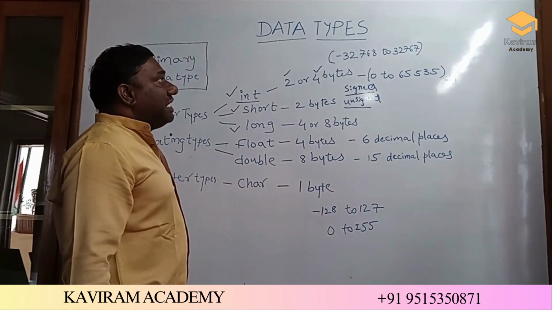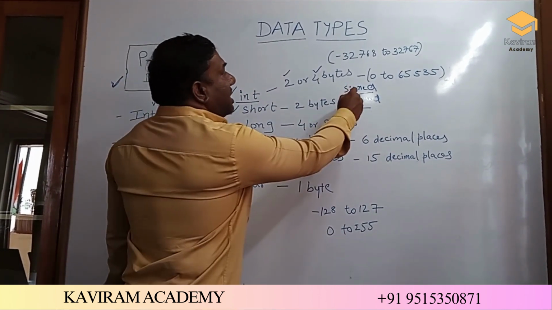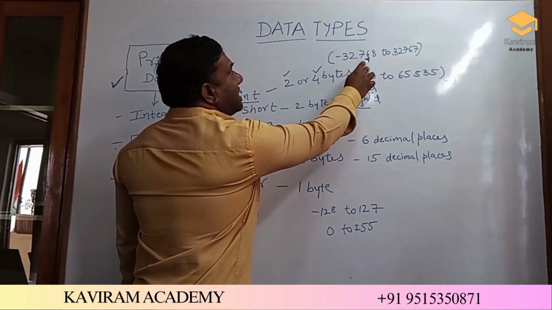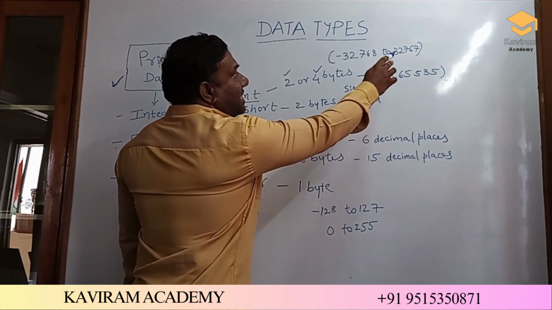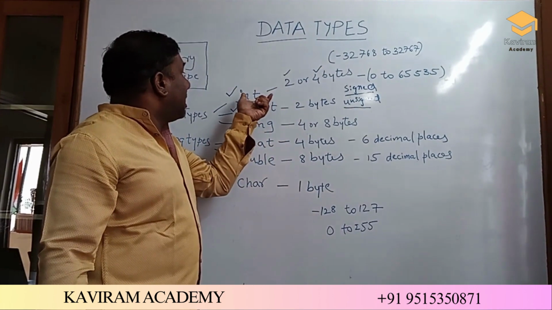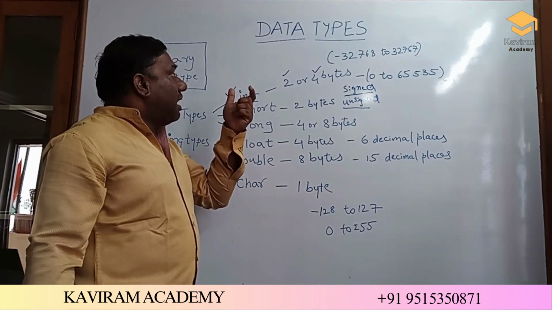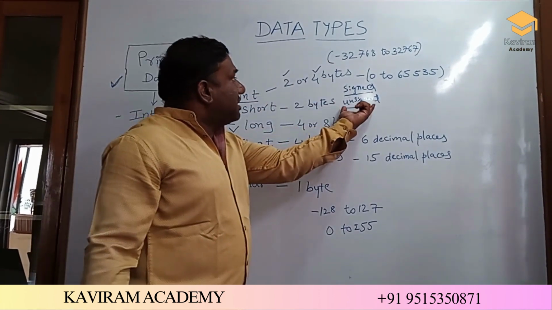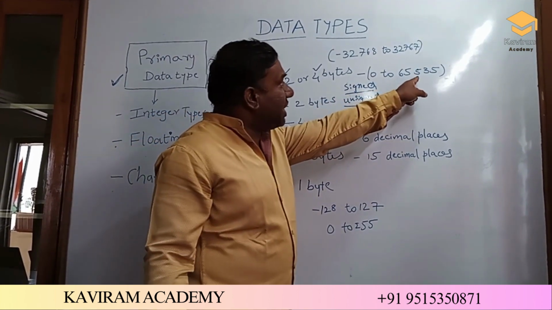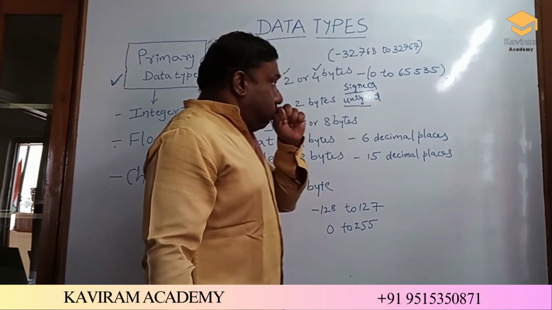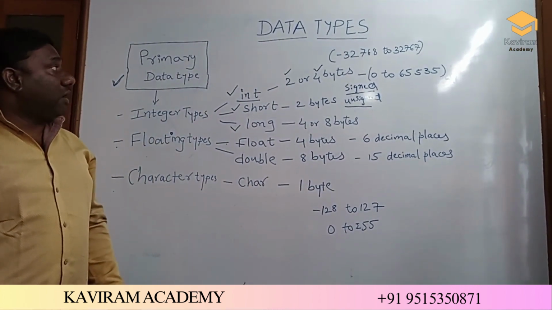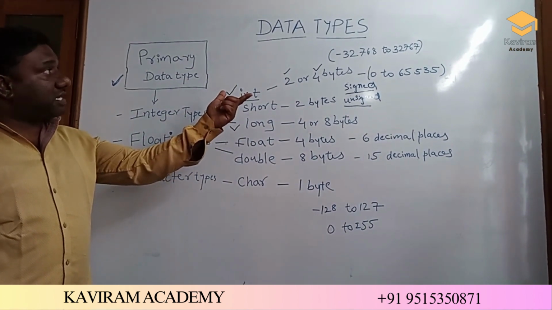The range for a signed integer is minus 32,768 to 32,767. Unsigned has no sign, so it represents from 0 to 65,535. These are the values that can be saved in integer values.